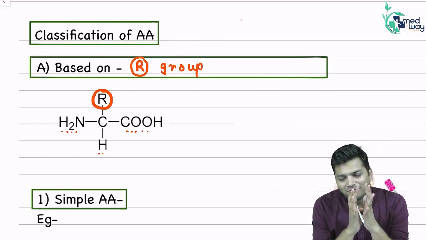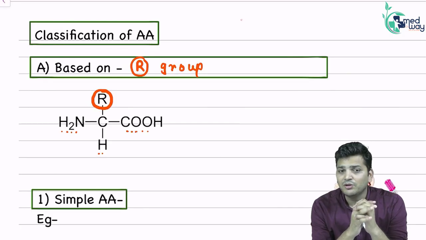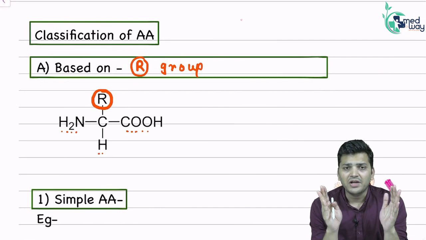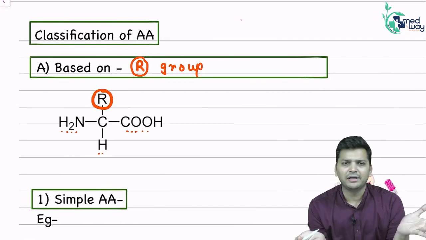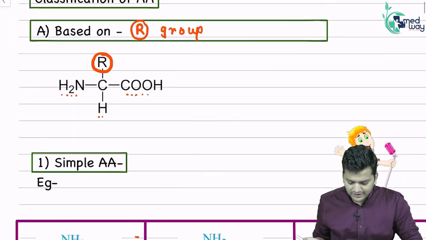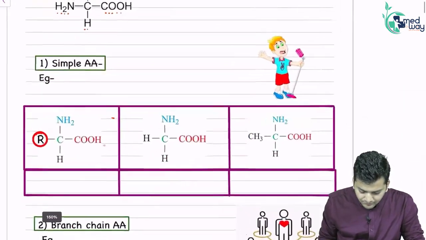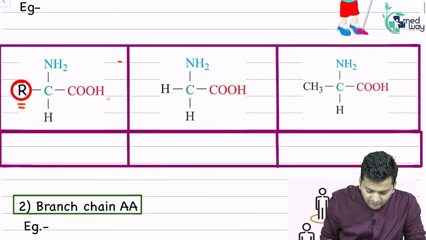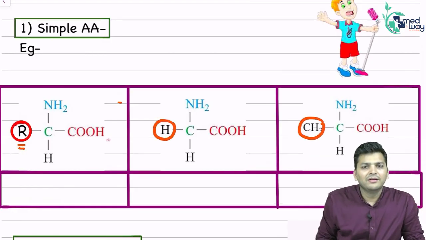So, the first subcategory is simple amino acid. The meaning of simple amino acid is that there are some amino acids out of 22 where the R group is either replaced by a hydrogen or by a simple carbon, right? If you look at this structure, this is the R group. These structures are just for your reference. Instead of the R group, there are some amino acids where we have the hydrogen and maybe a simple carbon, right?